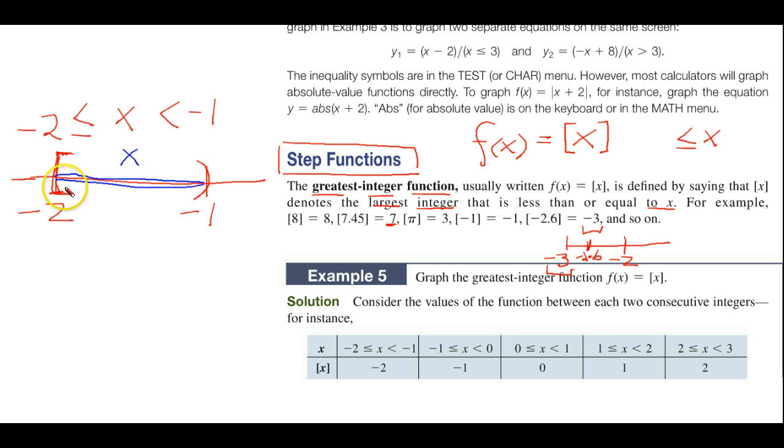Now, what would it be? Well, anything that occurs in here, for it to be the closest integer that's less than or equal to, would be your -2 here. And then as you go through these others, it is summarized in this table.